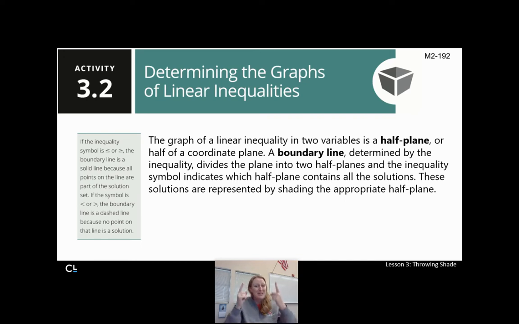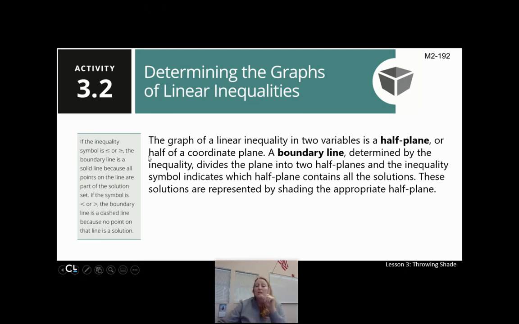These are some key terms for you. The boundary line is determined by the inequality, and it divides the plane into two half planes. The inequality symbol indicates which half plane contains all of our solutions, and we represent these solutions by shading in the appropriate half of the plane.